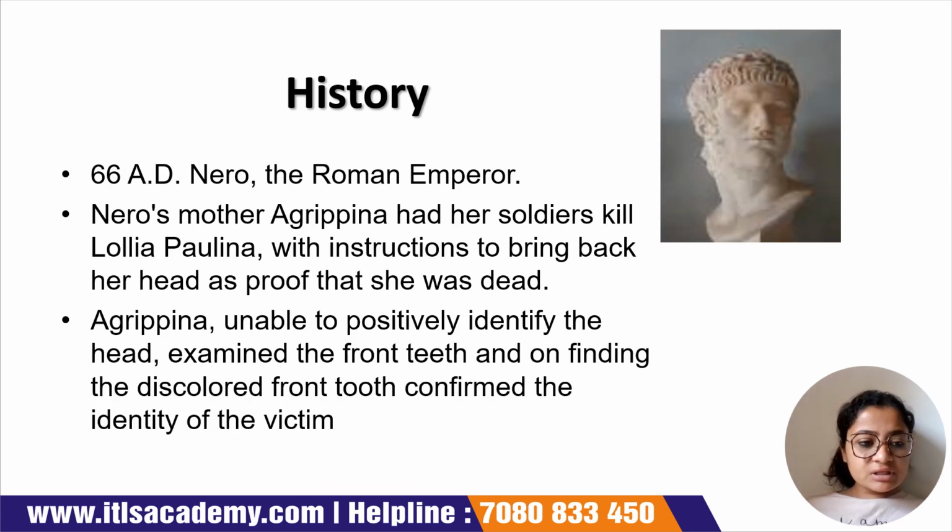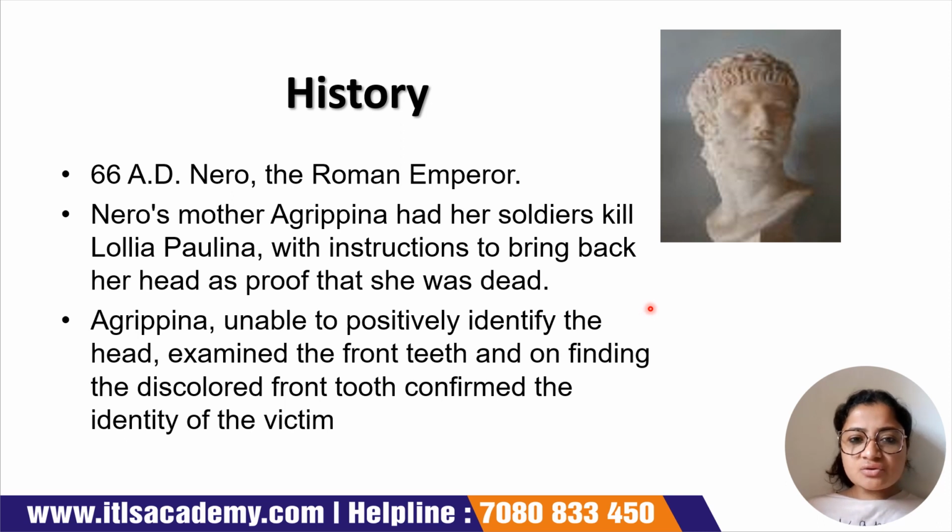Moving forward with the history, this is even far before the milestones that I mentioned in the previous slide. This was in 66 AD. Nero, the Roman emperor, whose mother Agrippina had her soldiers kill Lollia Paulina with instructions to bring back her head as proof that she was dead.